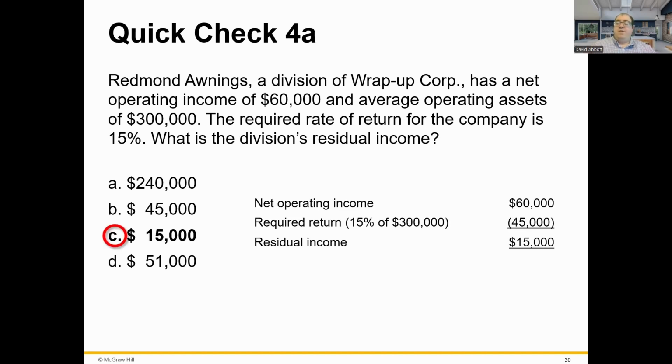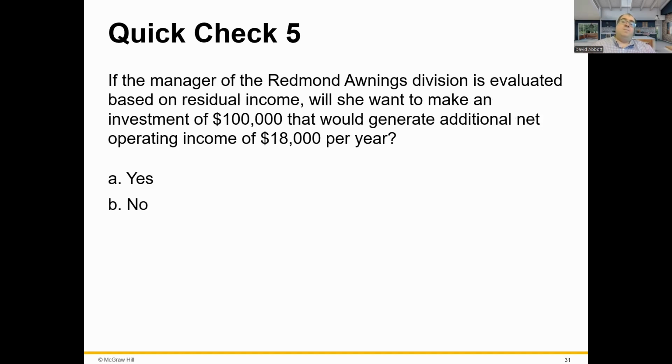And so it would be 15,000. So 60,000, which is the operating income, minus the return, which is 15% of the 300,000, which is their average operating assets, which is 45,000. And we take 45,000 from 60, our residual income is going to be 15,000.